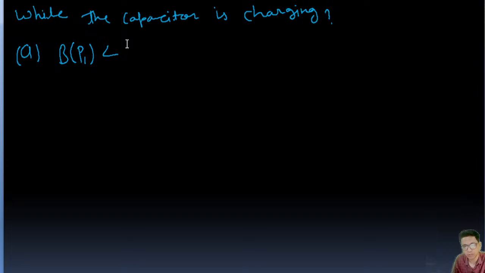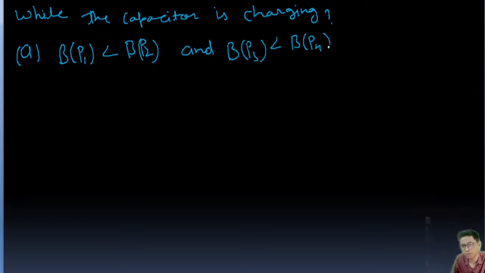So BP1 greater than or equal to BP2, meaning magnetic field at P1 greater than or equal to magnetic field at P2, and BP3 less than or equal to BP4.